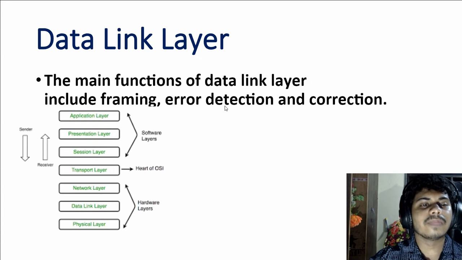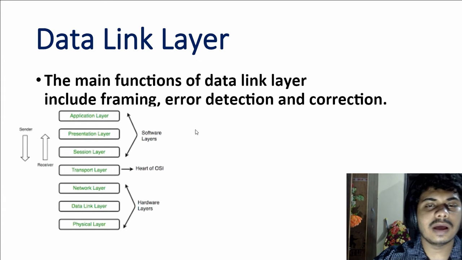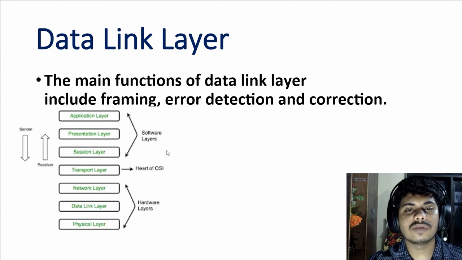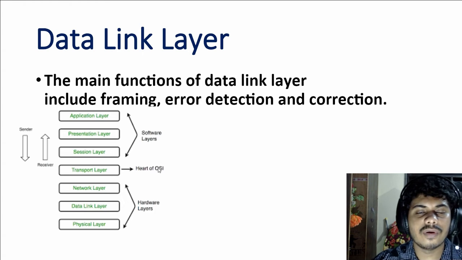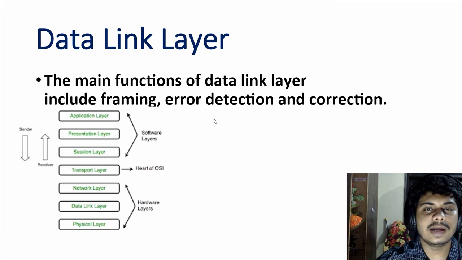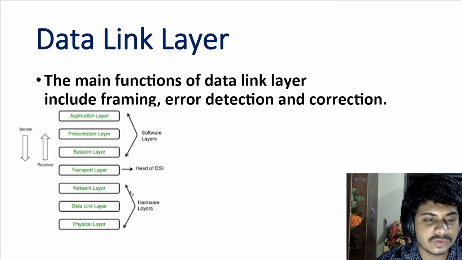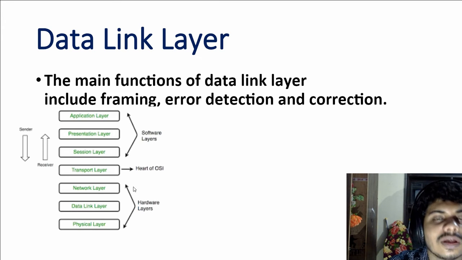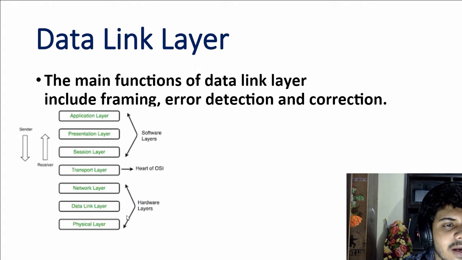It means if some error is there which is done by the physical layer, or which can occur while on the physical layer, it is the data link layer's responsibility to identify and correct that. Now you can see here there is the data link layer and it is on the hardware layer. Now let's move on to the next slide.